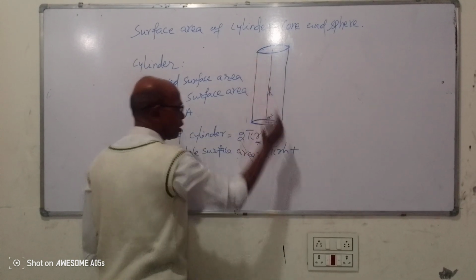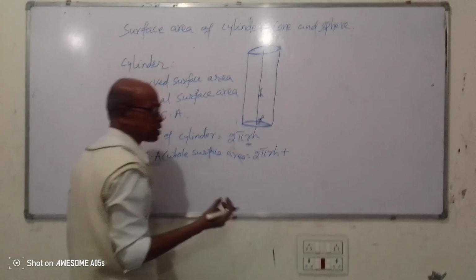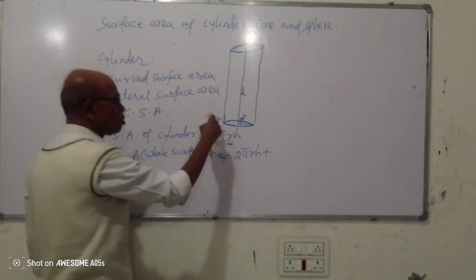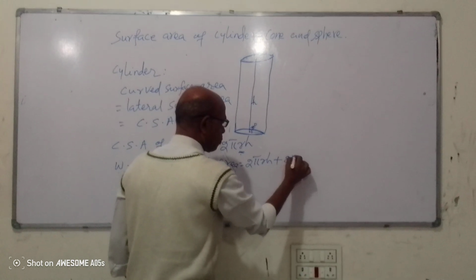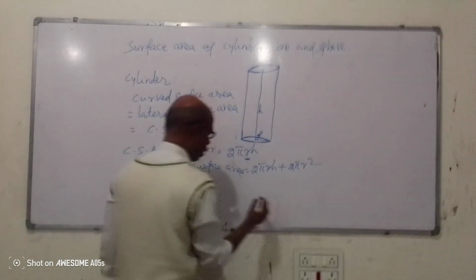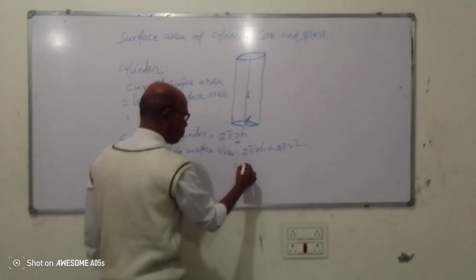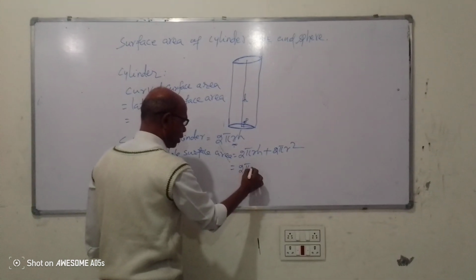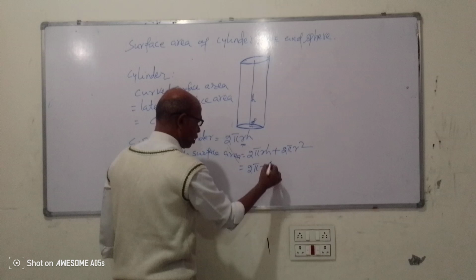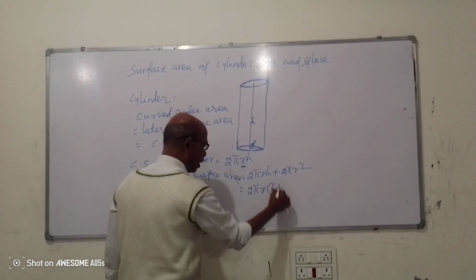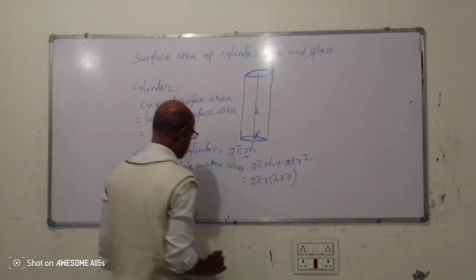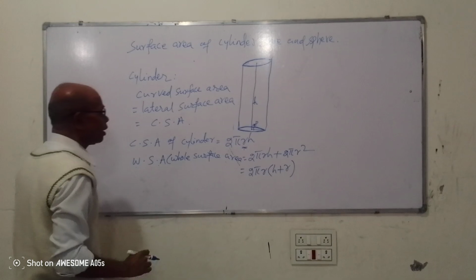There are two circles. The area of one circle is pi r square, so two circles give 2 pi r square. If you take 2 pi r common, here you will get h plus r. This is the whole surface area.